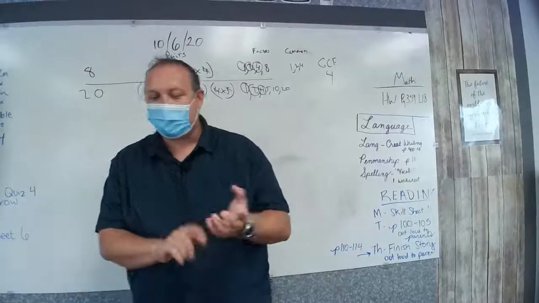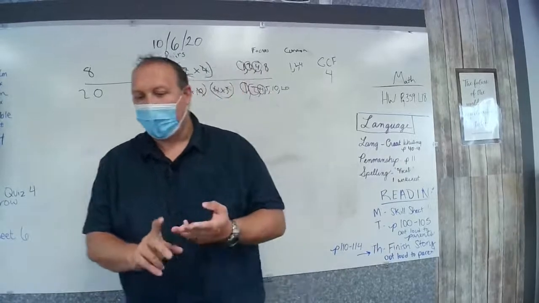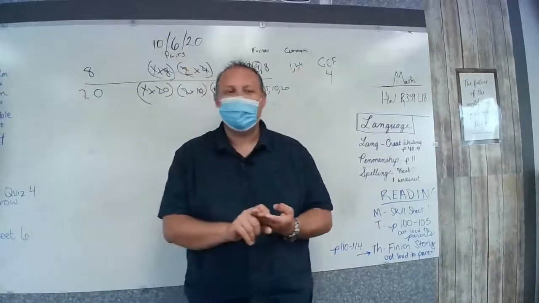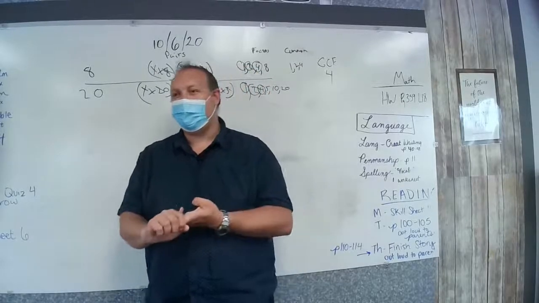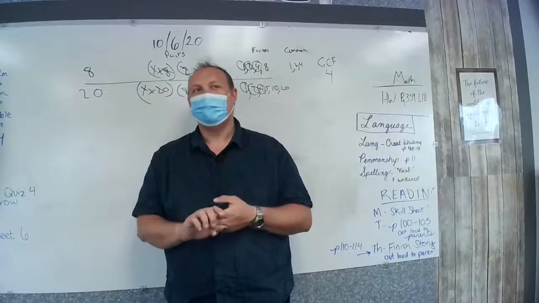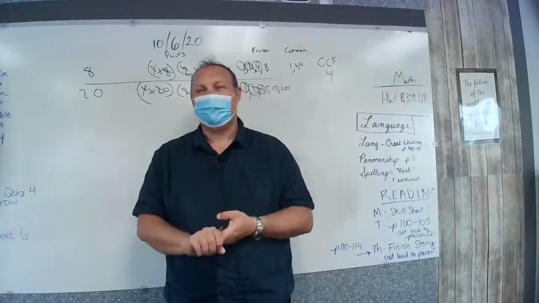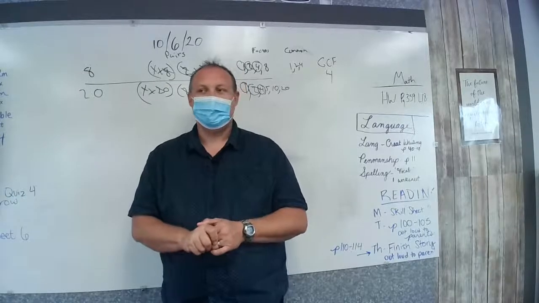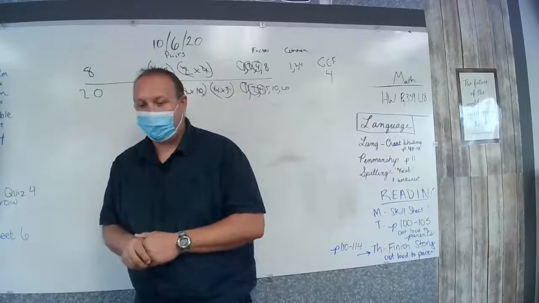So 6 plus 4 is 10, plus 8 is 18, plus 0 is still 18. Is 18 divisible by 3? Yes. Let's do this: 1 plus 8 is 9. Is 9 divisible by 3? Yes. So the whole thing is divisible by 3.